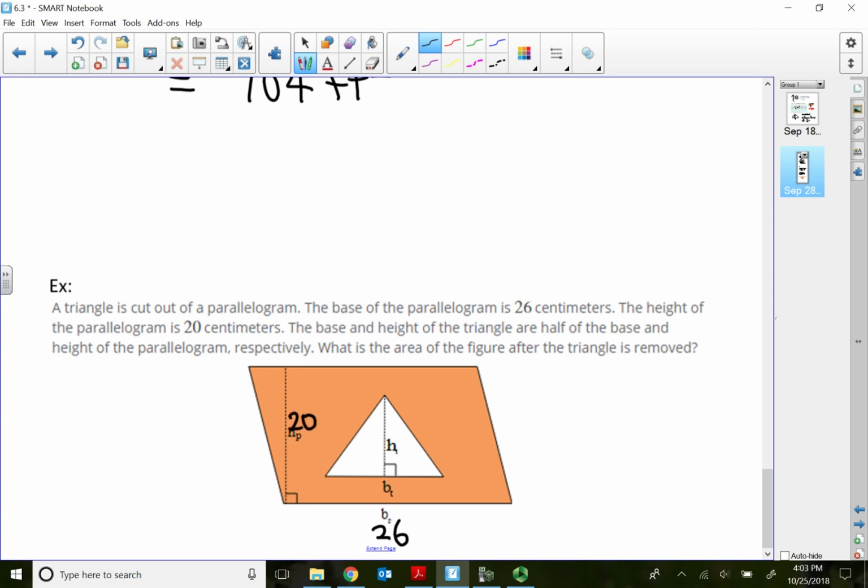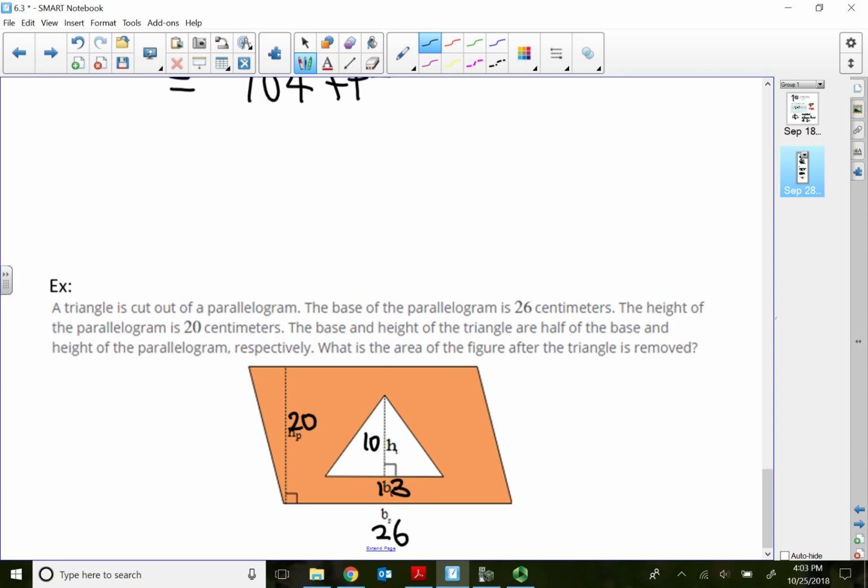The base and the height of the triangle are half the base and the height of the parallelogram. So the base of the triangle is half of the base of the parallelogram, which makes it 13. The height is also half of the height of the parallelogram, so that makes it 10.